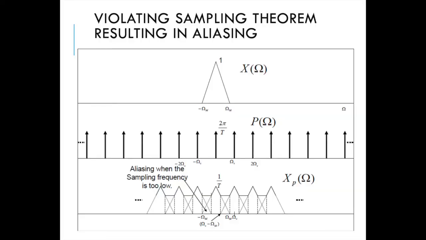In slide number 14, we can see violating the sampling theorem resulting in aliasing. So basically, slide number 14 is on aliasing frequency. If you look here, we have our input signal X(j omega), and then we have our impulse train P(j omega).